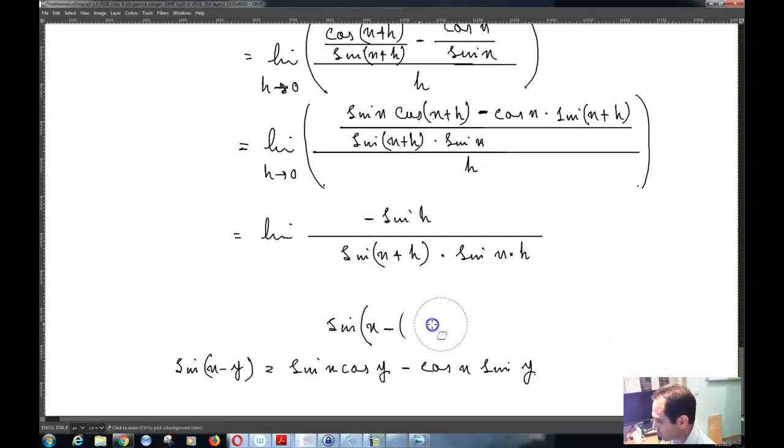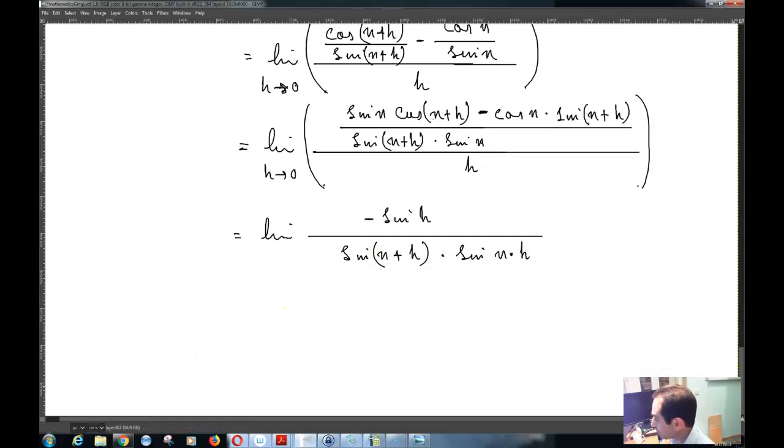And the reason why you can do that is that you know that if you have a divided by b and divide that by c, that is going to be equal to a divided by b times 1 divided by c, which is equal to a divided by b times c.